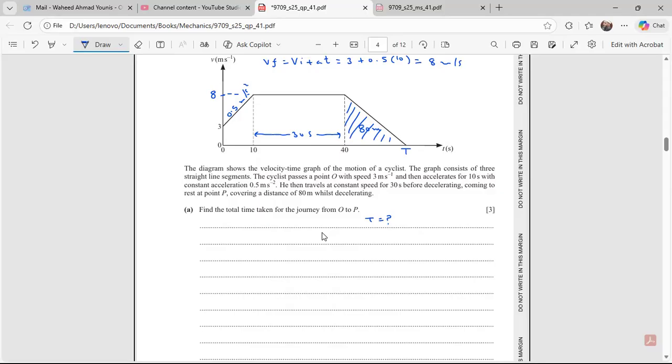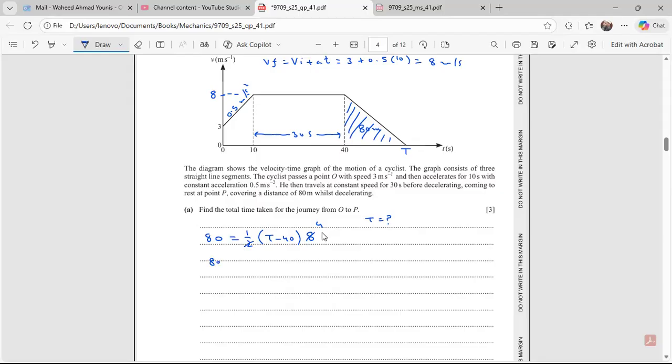Okay. So 80 is equal to the area, which is half, and the base is T minus 40, and the height is 8. Is it clear? So in this expression, we have to isolate and find the value of T. So half of 8 is going to be 4, right? So I will divide the 80 by 4.